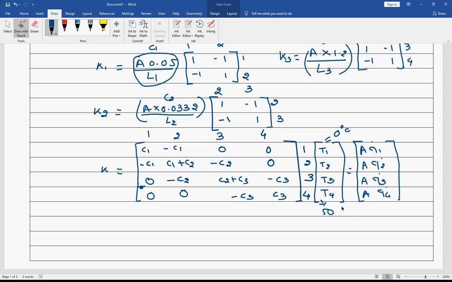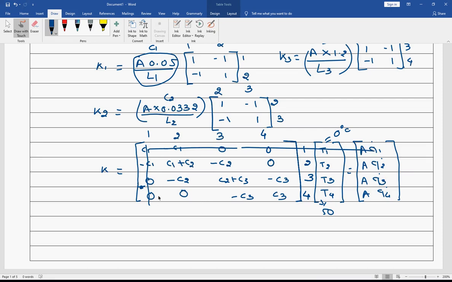there is a problem. So I'll just check out this. First this will be eliminated. First column I will eliminate, because this is known. And minus C1 into 0 will be 0. So this is C1 into 0 will be 0. Correct.